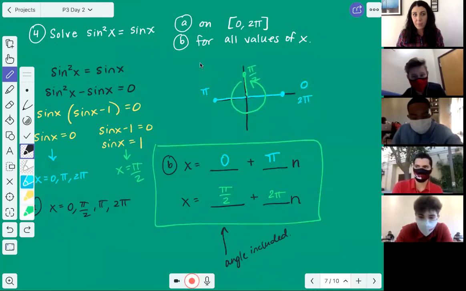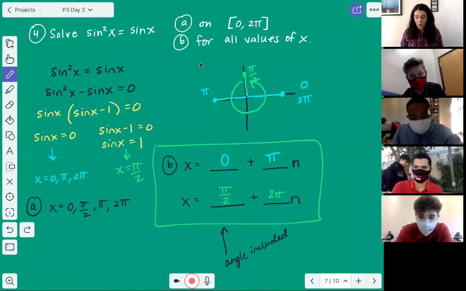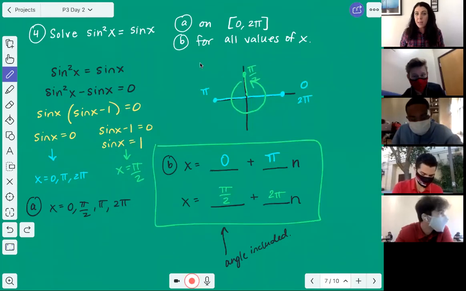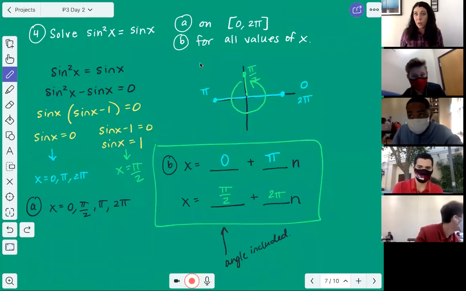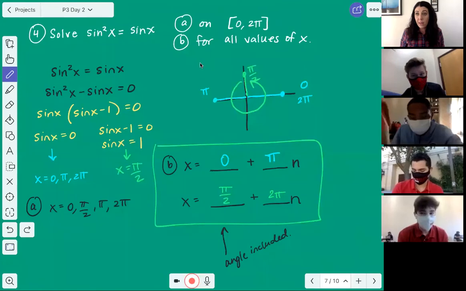Right. And then can you explain what the n would be again? N is just any whole number or any integer. So n could be -1, -2, -3, +5, +8, +34. All that means is if I took that pi and multiplied it, let's say by 2, right? So if we have 0 plus pi times 2, that gives me 2 pi.